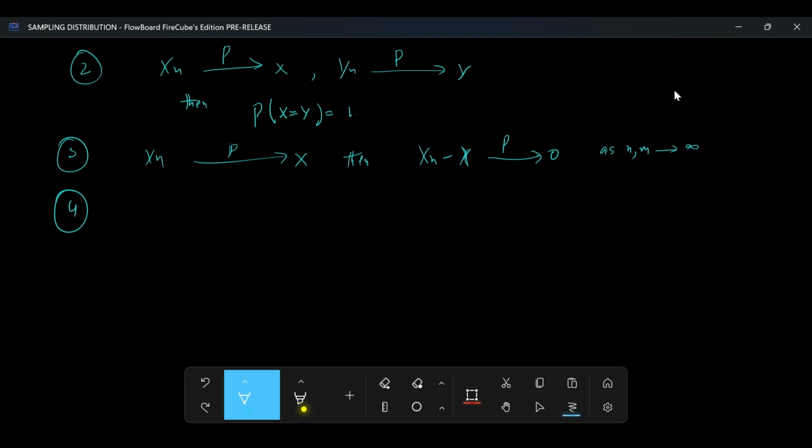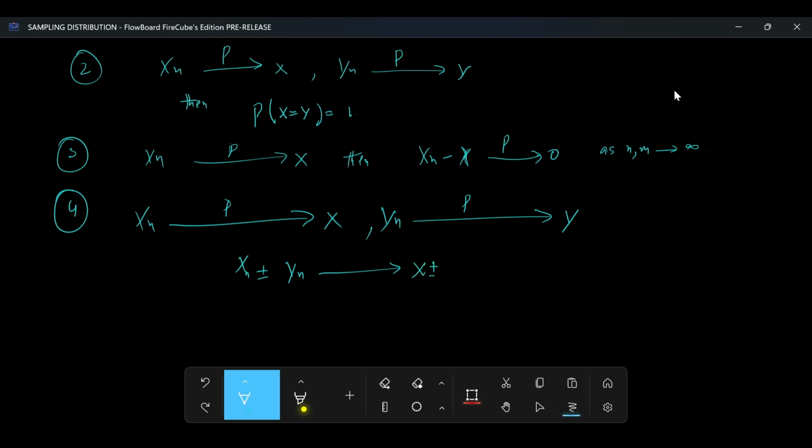Now fourth point, if Xn converges to X in probability and Yn converges to Y in probability, then Xn plus or minus Yn will converge to X plus or minus Y in probability. Now number fifth, if Xn converges to X in probability, then any scalar multiple, that's kXn, will converge to kX in probability.